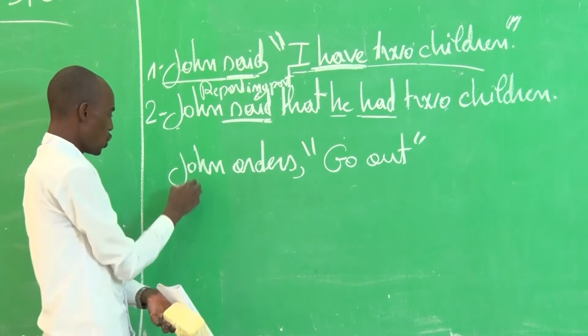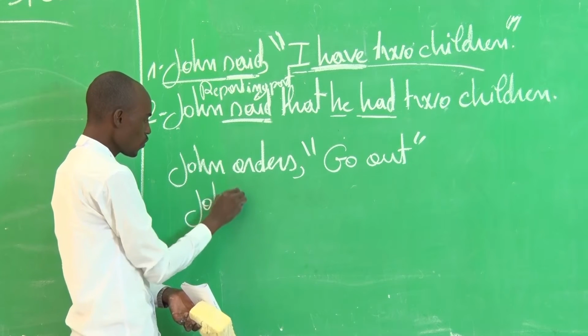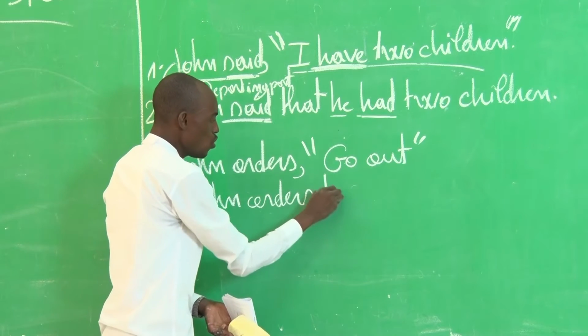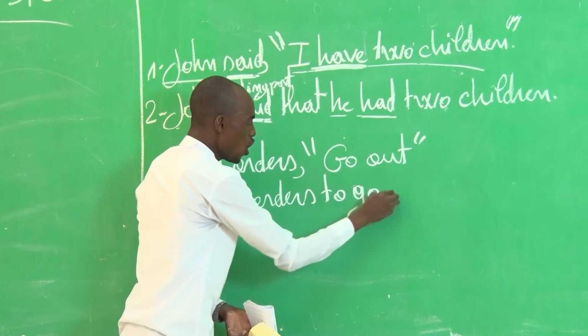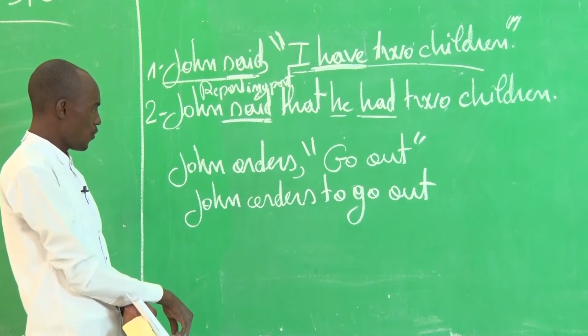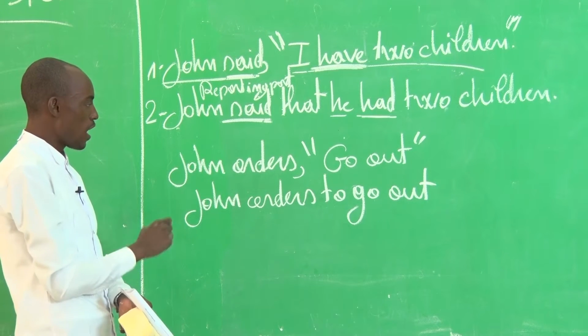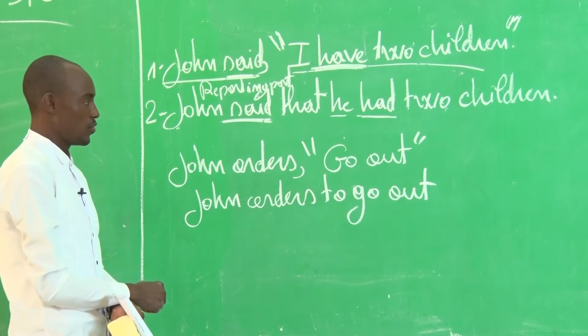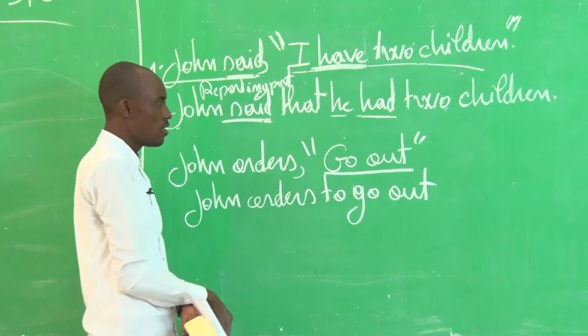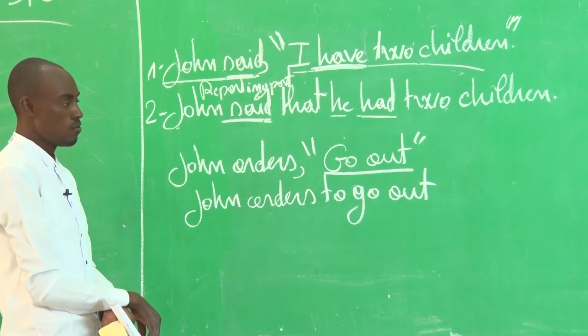Here we say, John orders to go out. What can we remark here? This speech is in the imperative mood.